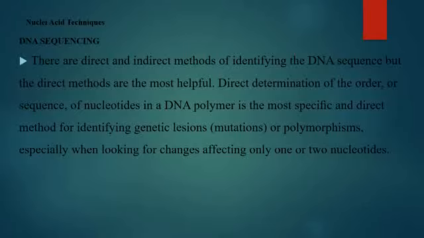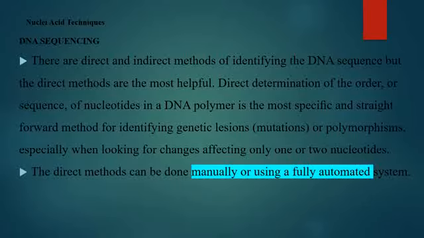So when looking for changes affecting only 1 or 2 nucleotides, if you do the direct one, you can identify the changes found in just a single or 2 nucleotides, and just that one can cause a mutation. So that's the relevance of the direct sequencing method.